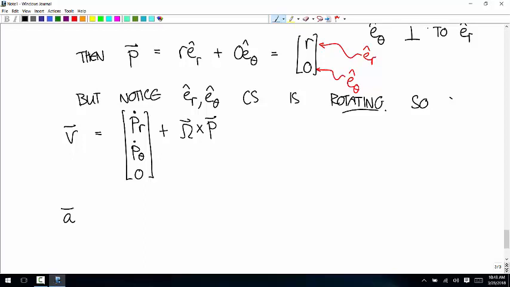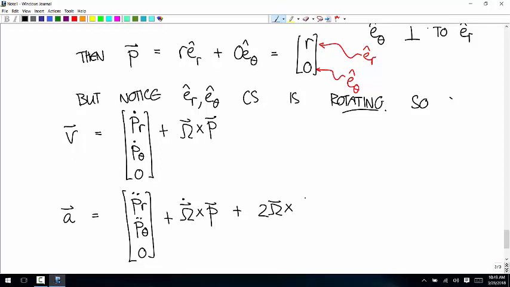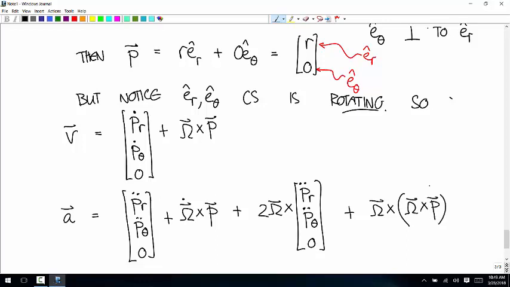And the acceleration vector is going to be r double dot, theta double dot, 0, plus capital omega dot crossed with the position vector, plus 2 times capital omega crossed with r dot, theta dot, 0, plus capital omega cross quantity, capital omega cross p. Yep, thank you.